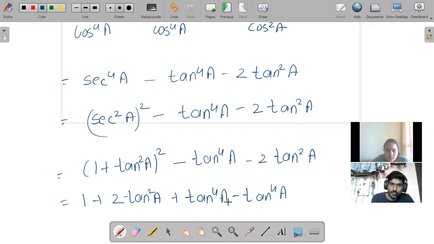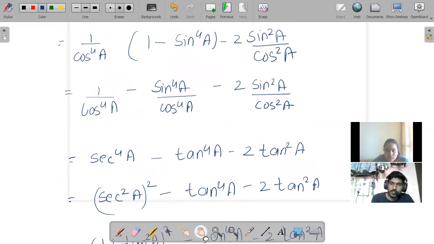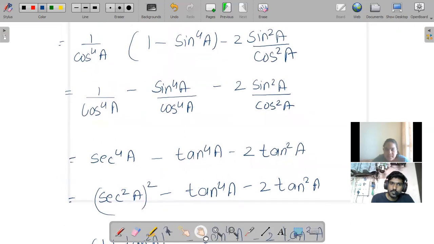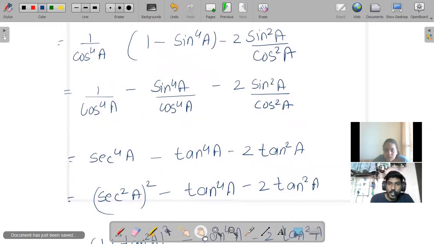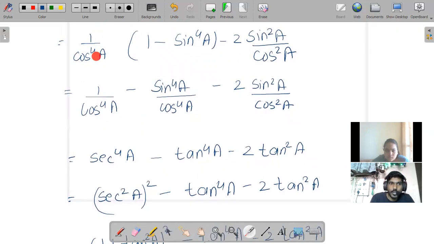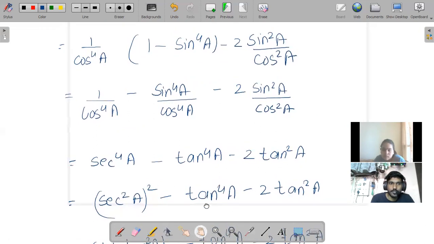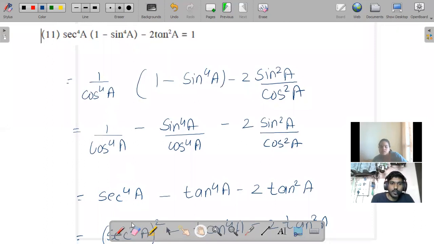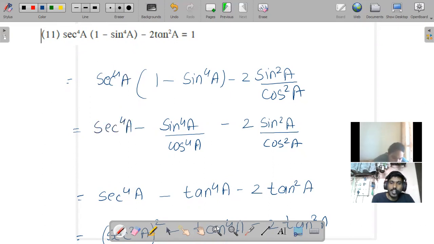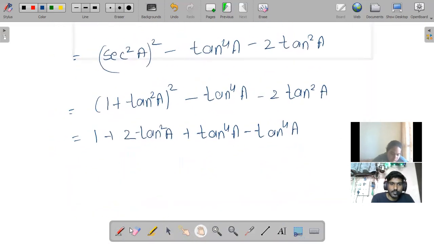Can you go up? You divided everything by cos 4a. No, I did not divide. What I did is, this 1 upon cos raised to 4a that was there, I just took it inside the bracket. Then if you put it inside, don't change this. Keep it as sec raised to 4a. And then when I multiply sec raised to 4a inside, I'll explain to you. Let me see if the final answer is correct or not.